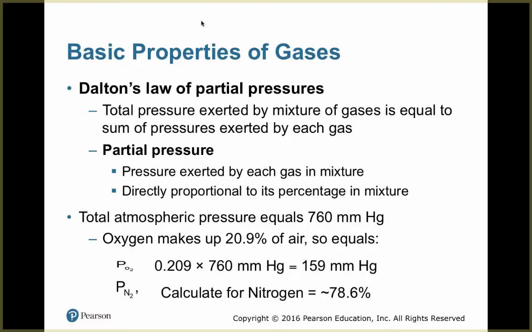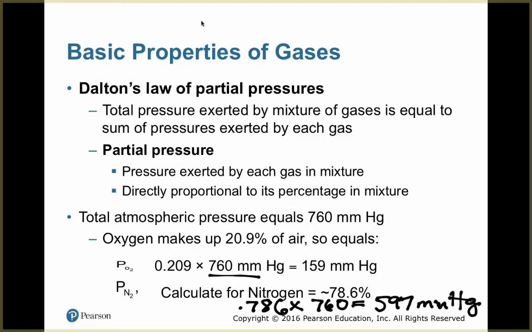Okay, guys, so how we end up calculating this for nitrogen is basically converting this into a decimal, which is 0.786, and you multiply it by the total atmospheric pressure, which is 760. And then essentially you get somewhere about 597 millimeters of mercury.